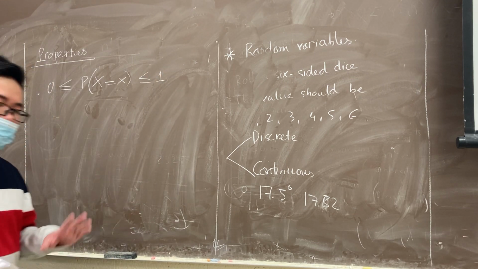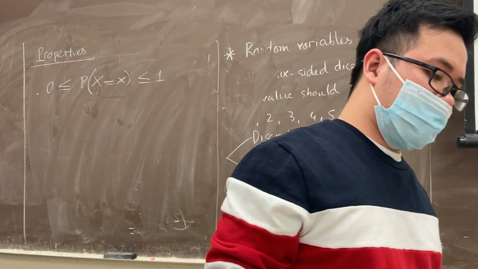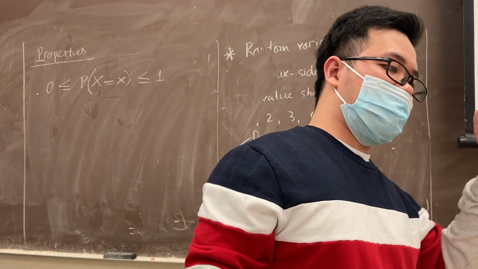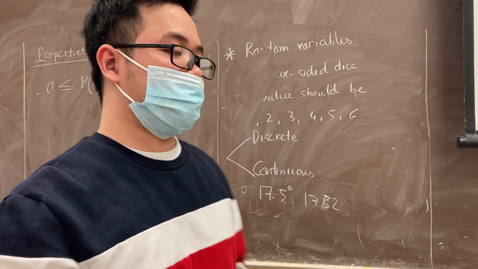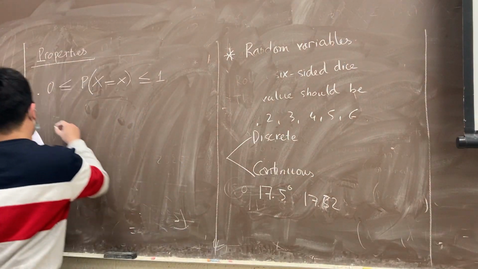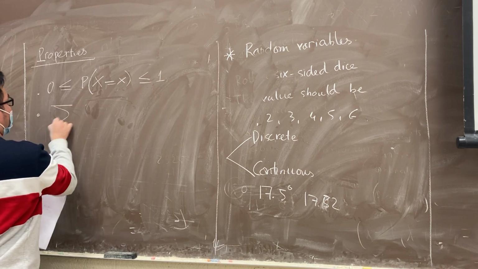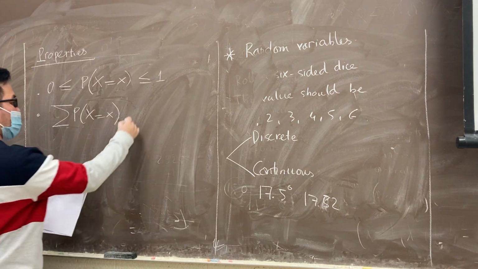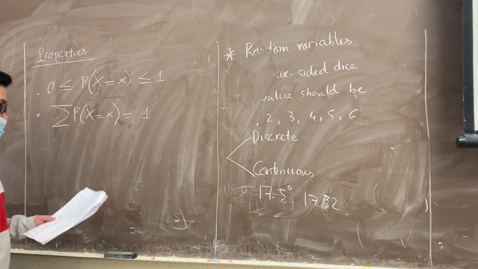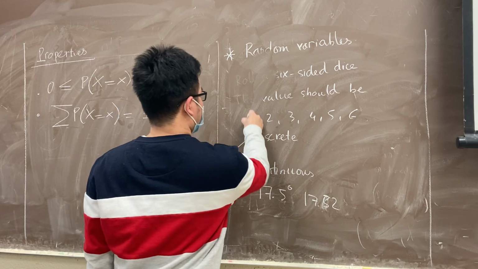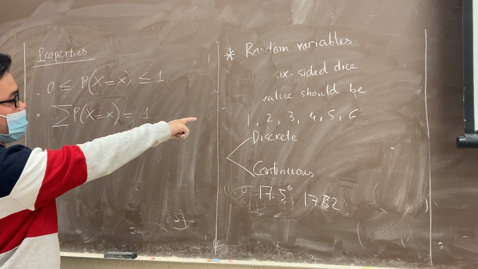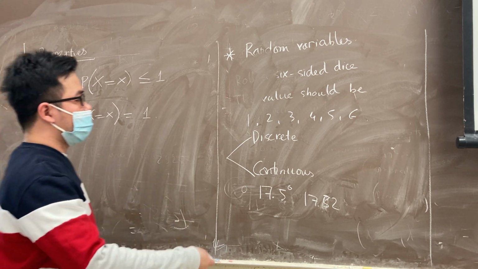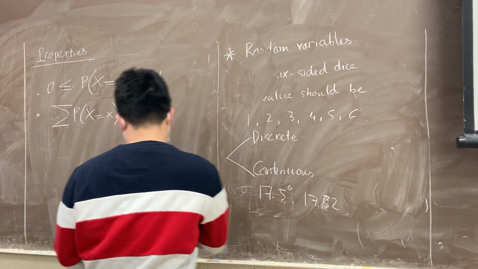The probability cannot be equal to 2, 3, or 4. It's only from 0 to 1, right? And the second one is that the sum of all the probabilities in all cases should be 1. For example, consider when I roll a 6-sided dice, the value should be 1, 2, 3, 4, 5, 6, right?